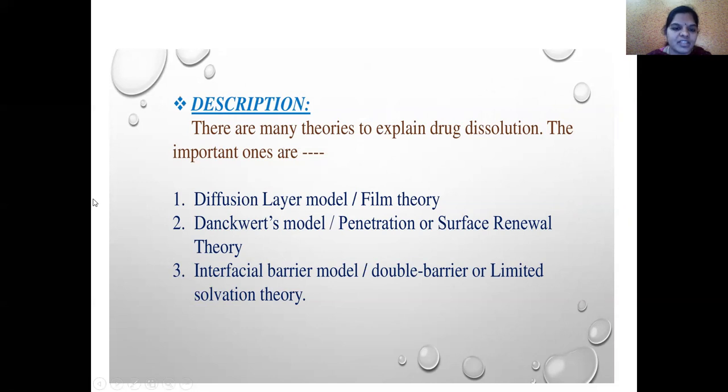The important one is the diffusion layer model or film theory. Write it down.